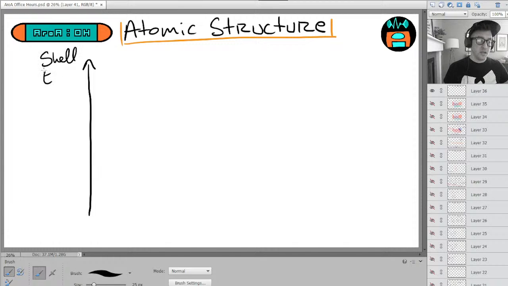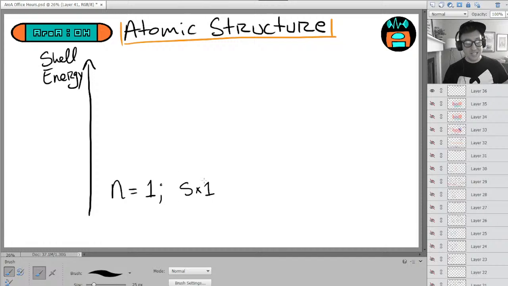subshells available to it. So if we make a little graph with shell energy on the y-axis, for the first shell, there is only the s subshell. There is one s orbital subshell on the first energy level, in the first shell.